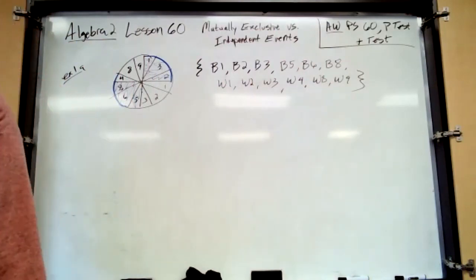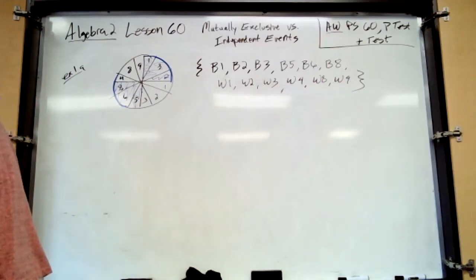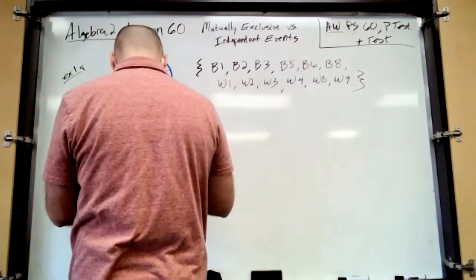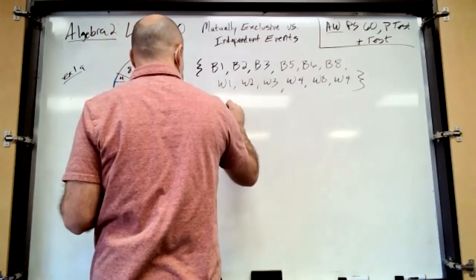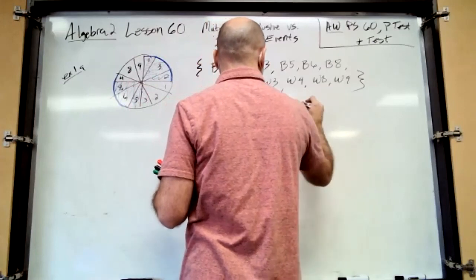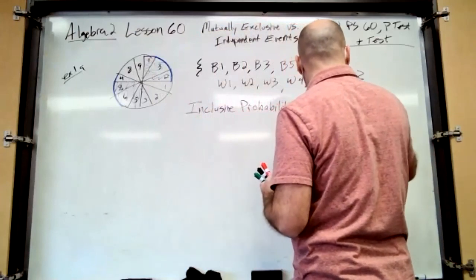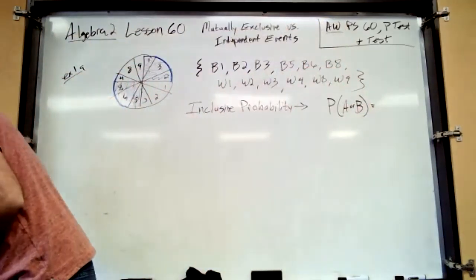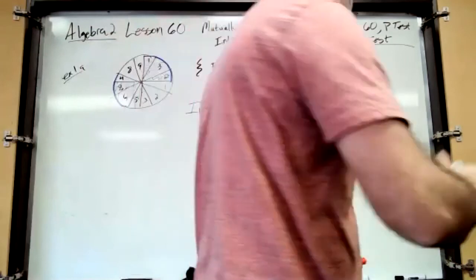All right, now here's how you calculate the probability of inclusive events. This is just for inclusive events. Inclusive probability is what we'll call it. So probability of A or B happening equals probability of A plus probability of B minus that one they have in common.